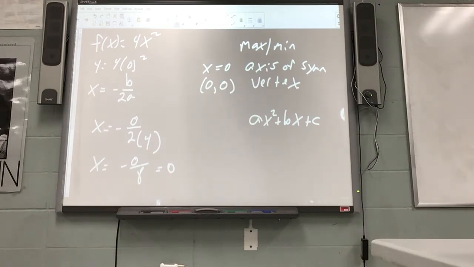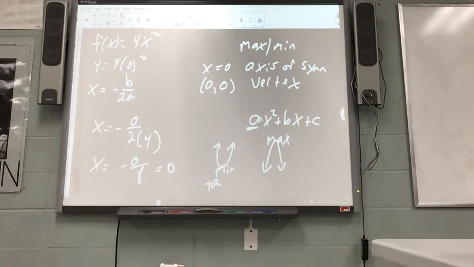So this is a nice parabola sitting at the origin. The last thing I ask us to do is to tell whether it's a minimum or a maximum. If it opens up, it's got a minimum. If it opens down, it's got a maximum. And your a tells you that. If your a is positive, it's a minimum.